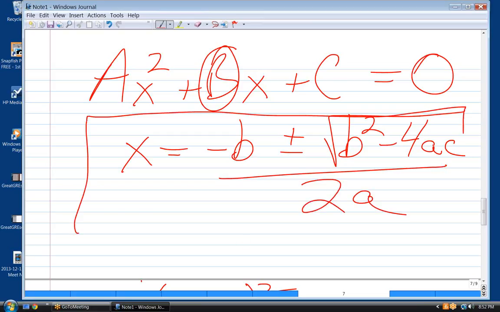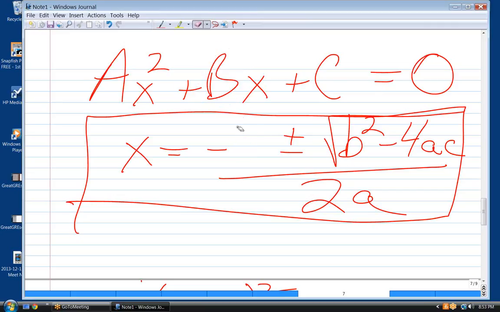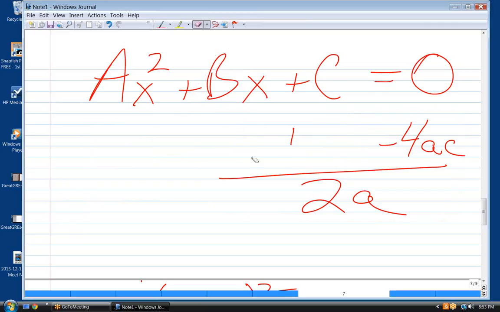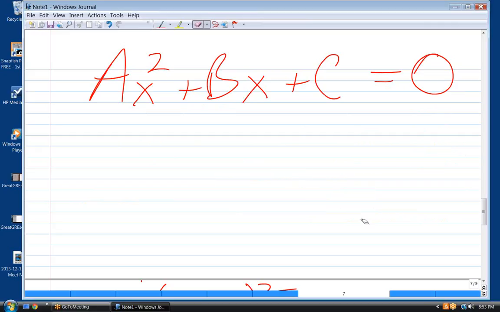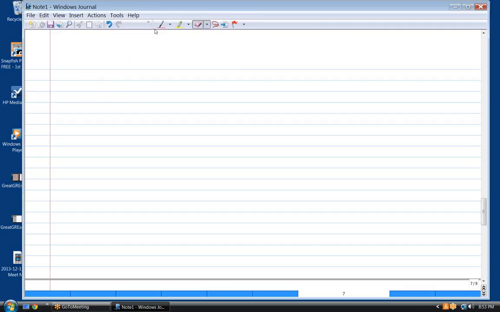So know that if you ever forget the quadratic formula, you can start with the standard format of the quadratic and complete the square on it. Okay, what else?